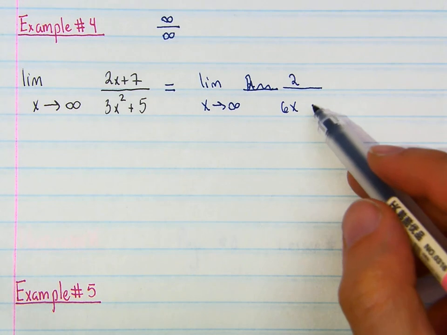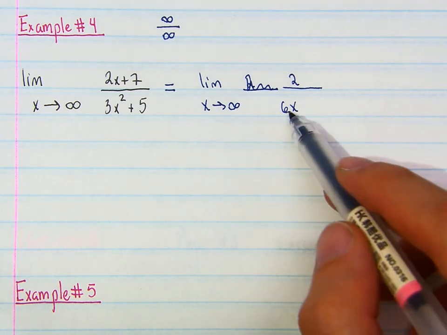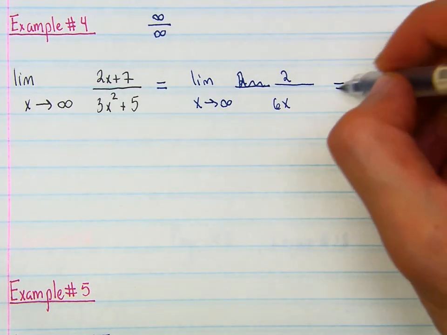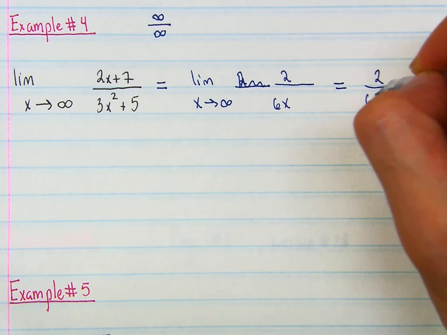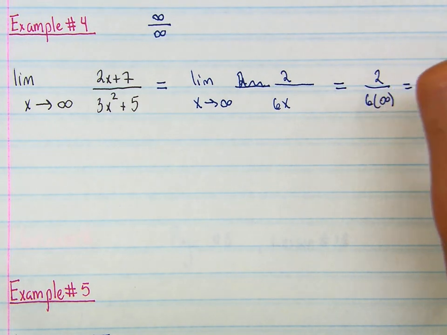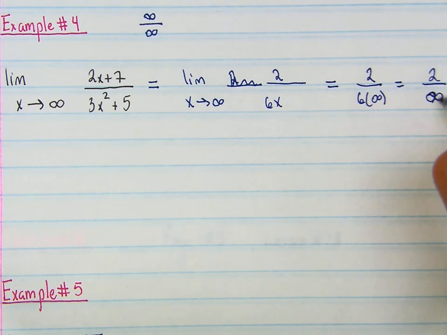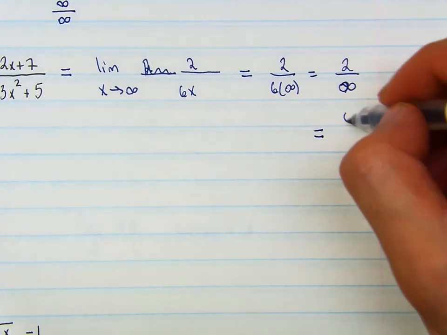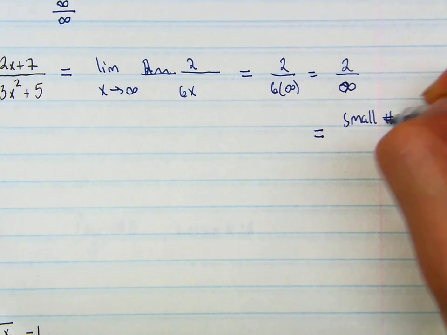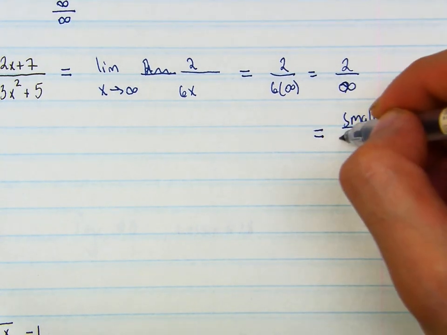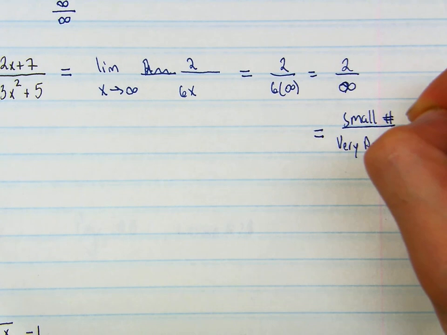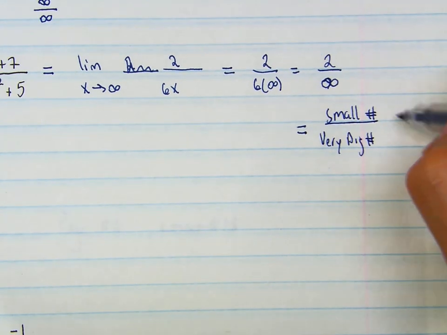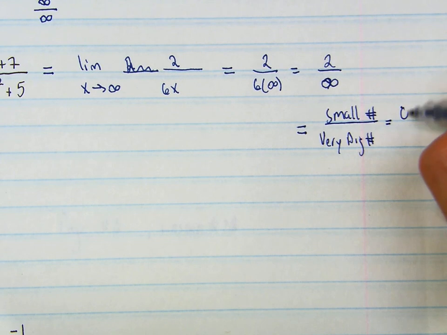Now, can you plug in infinity? Sure, but then what do you get? You get 2 over 6 times infinity, that's just 2 over infinity. What is 2 divided by infinity? This is a small number divided by a very big number, so this is just equal to 0.